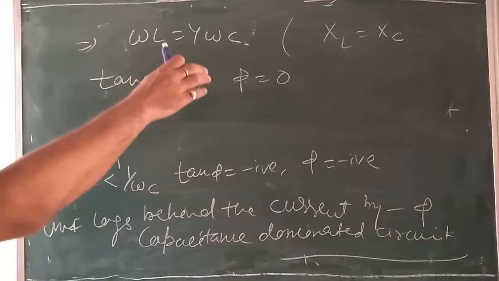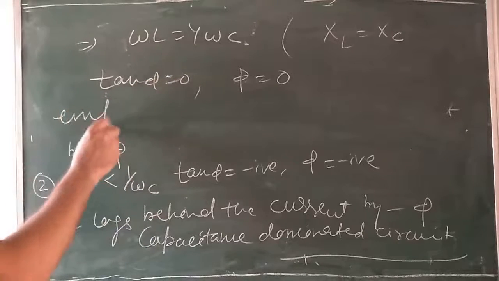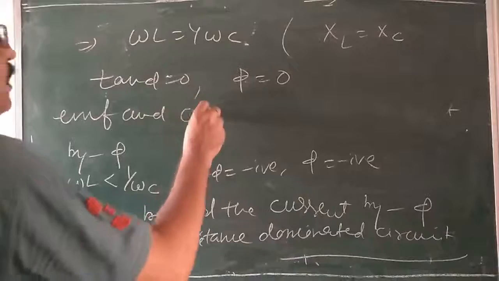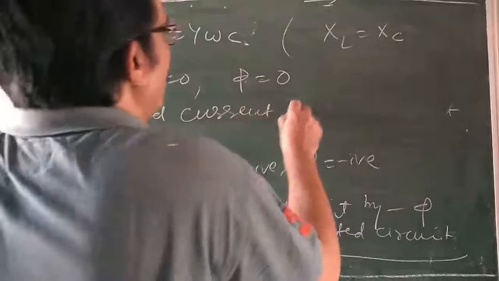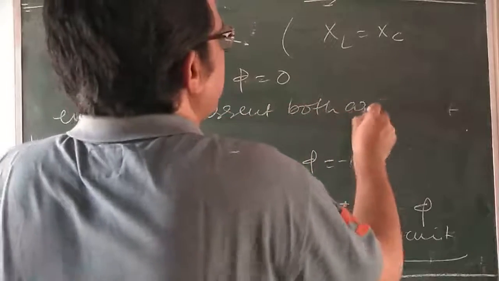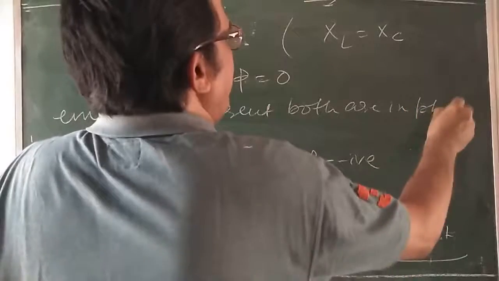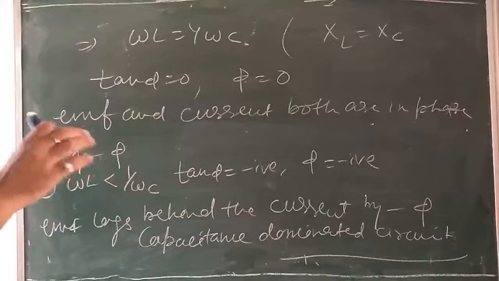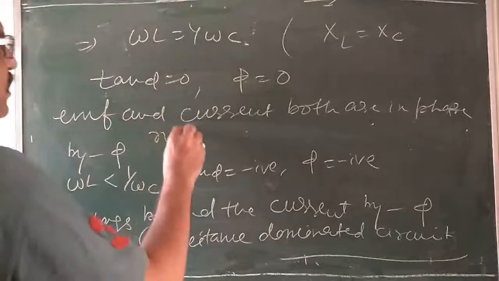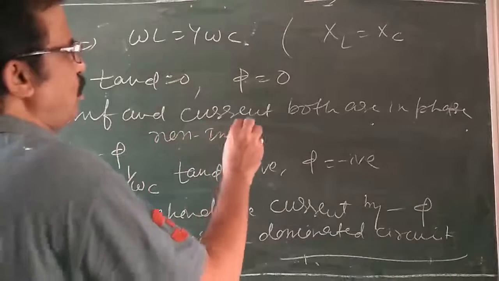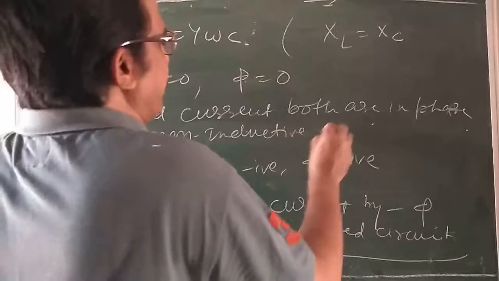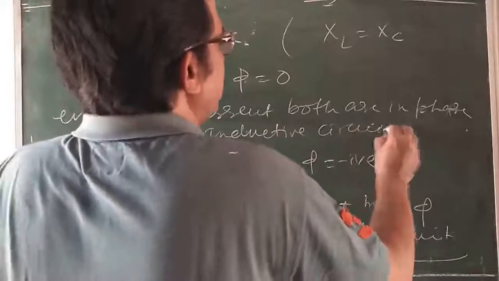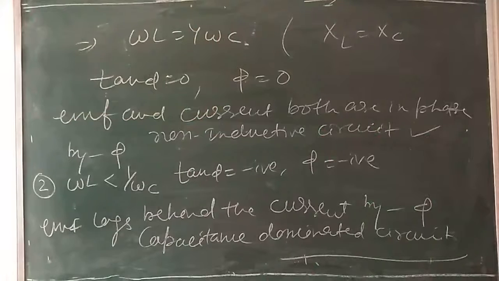So EMF and current both are in phase. There is no phase difference between current and EMF. This is called a non-inductive circuit. Is that clear? So these are the different types of circuit which we can use here.